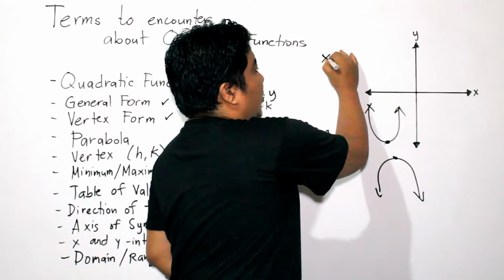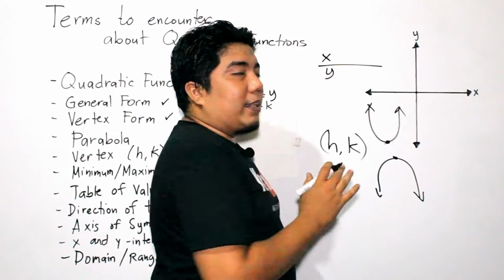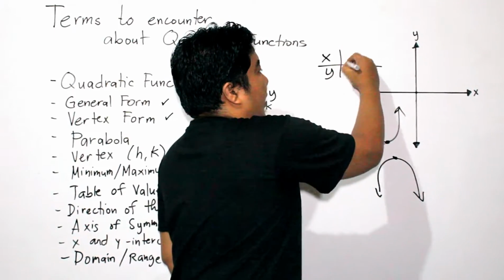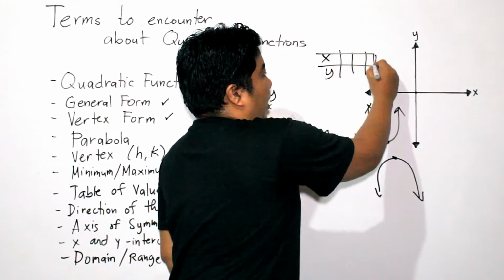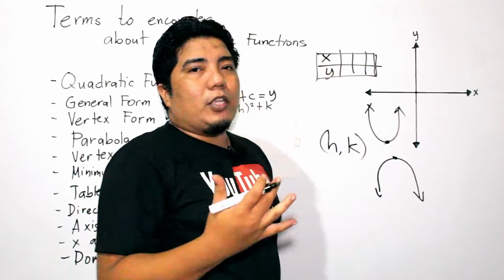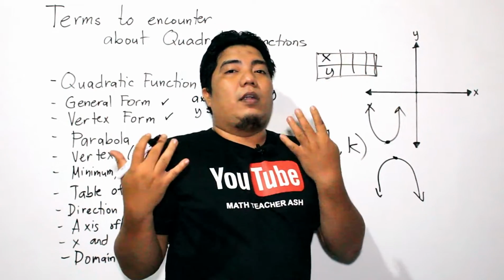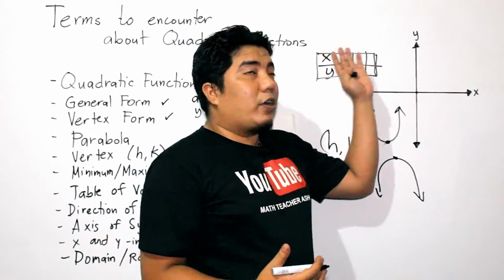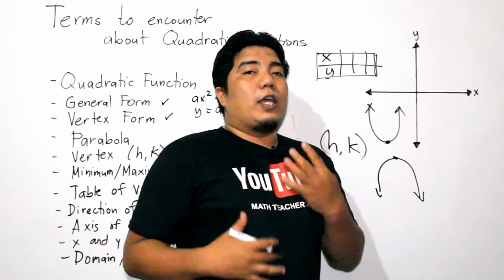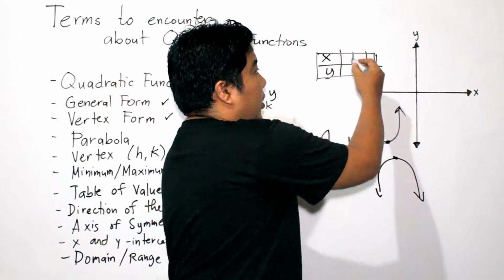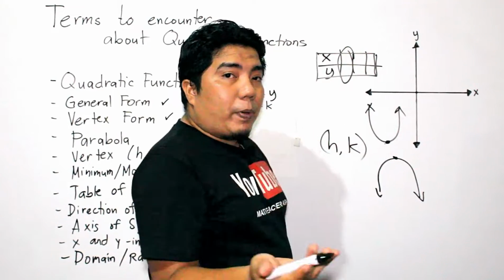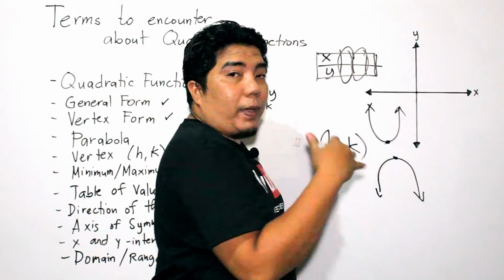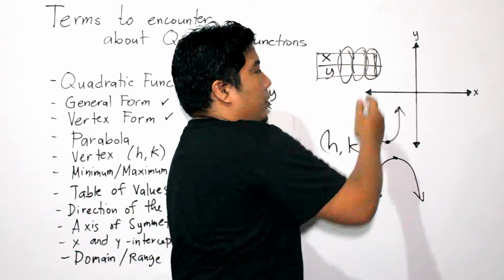A table of values has two rows, okay? That is the x and y. And then, it's like a table, okay? And you can use any distinct number or value for your x, and then you solve for your y so that you can have an ordered pair, which is this one, this one is another ordered pair, and this one is another ordered pair.